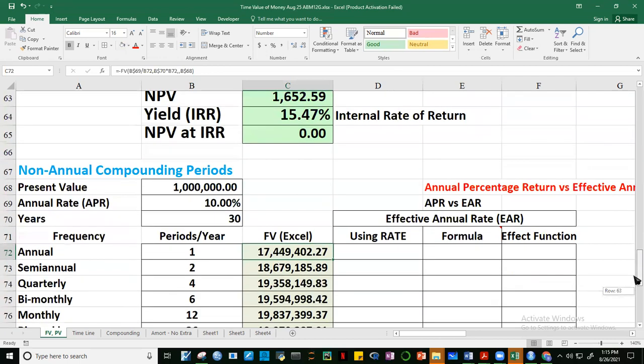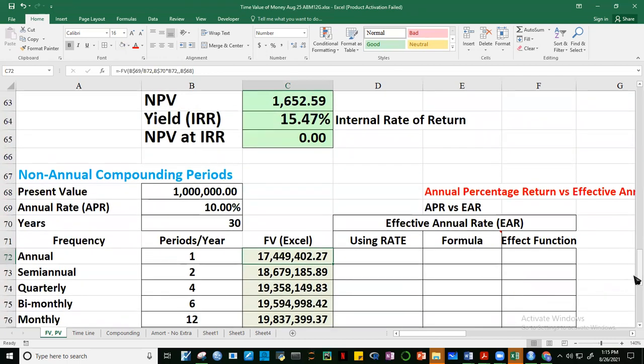Kunyari di ba recently si Manny Pacquiao lumaban, ang nabasa ko sa news, ang minimum earnings niya dito, depende pa yan dun sa ticket sales dun sa online, mga 2 billion yata. So kunyari 2 billion yung i-invest ni Manny Pacquiao.